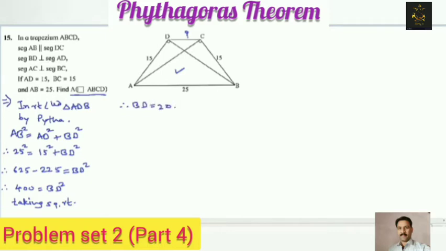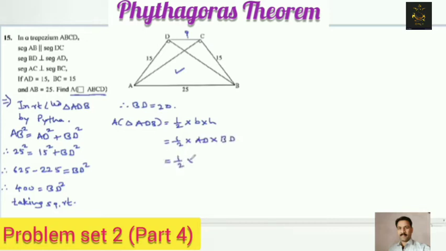Once we find this BD, now we'll find the area of the same triangle. Now look here. Area of the same triangle, which is ADB, which is a right angle triangle, so we can use half into base into height. What about the base? We'll take base as AD and height as BD, that one we just found.